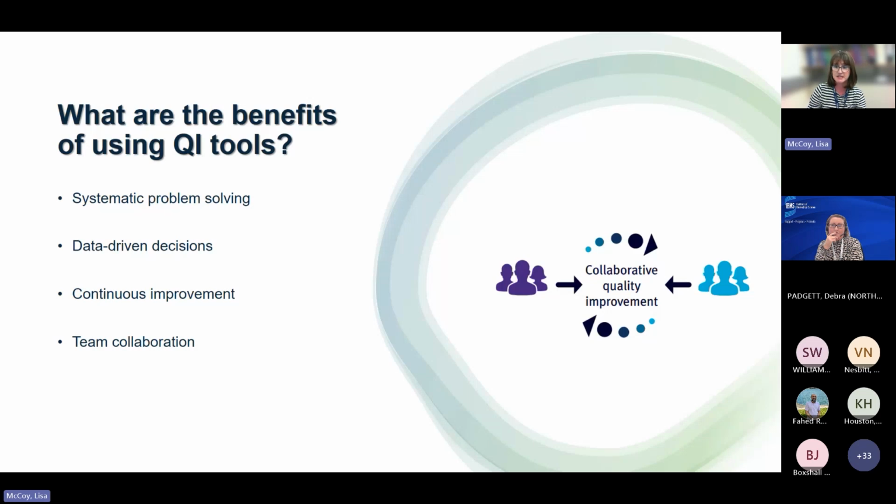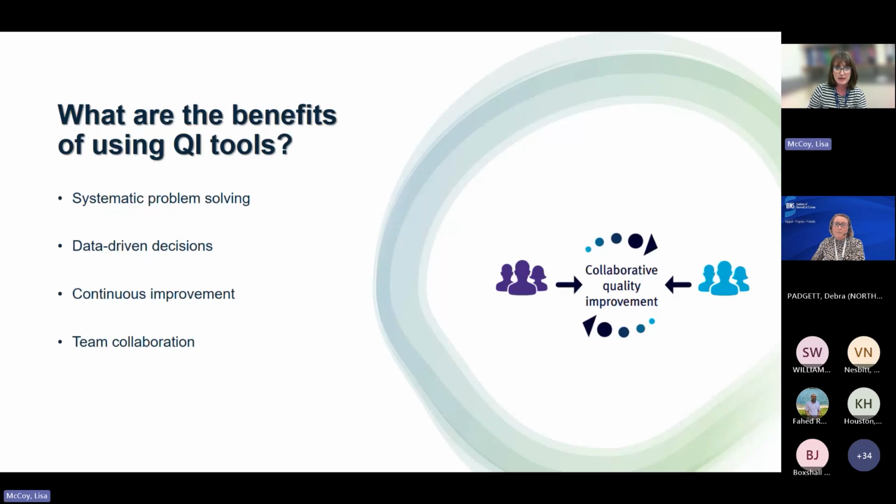They help us collect and analyse data to inform decision making, and offer an environment for continuous improvement. So tools support a culture of ongoing improvement by tracking progress and identifying areas for enhancement.